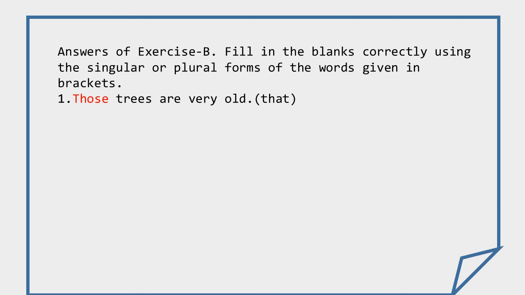Those trees are very old. I have given the words which they have given in the bracket for your reference. Like in the first sentence, the word given is that. So I have put that into the plural. Yes, because that is used for the singular. As I've told you many times before, this and that are used for the singulars, but these and those are always the plurals. So here the plural of that would be those.